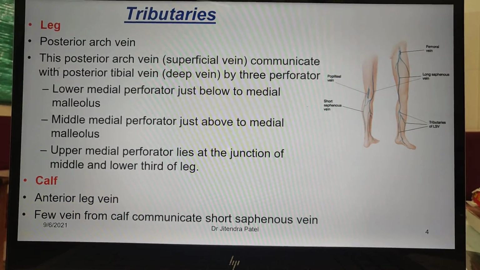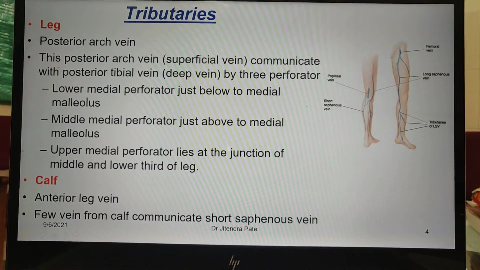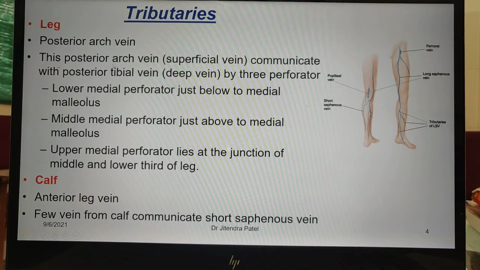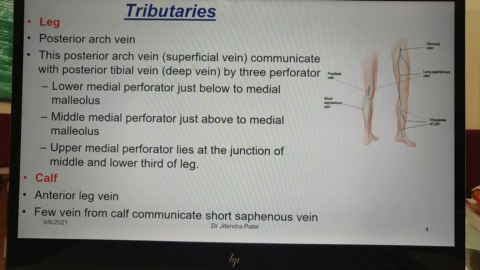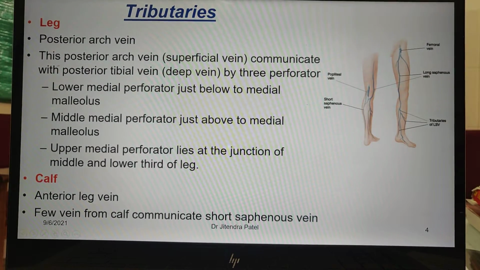The tributaries of the great saphenous vein in the leg: the posterior arch vein, a superficial vein, communicates with the posterior tibial vein, which is a deep vein, by 3 perforators.